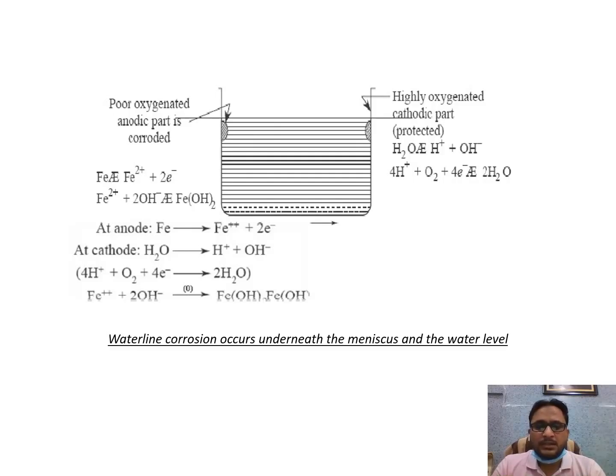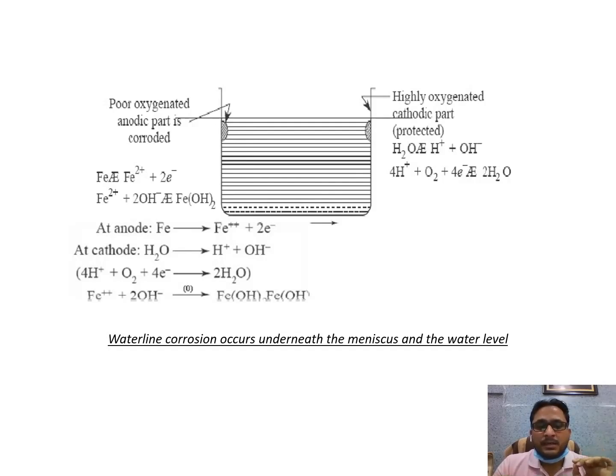Because of that, it immediately starts acting as an anode and releasing electrons. Once electrons are released, they flow through the steel layer of the tank and react with oxygen and moisture to form hydroxide, and the same hydroxide reacts with metal to form metal hydroxide.